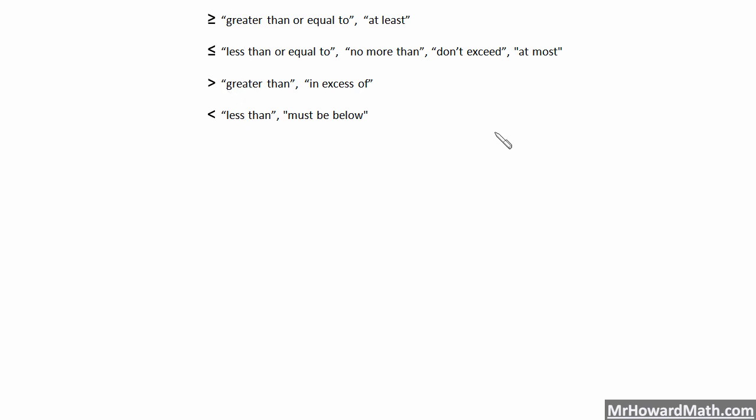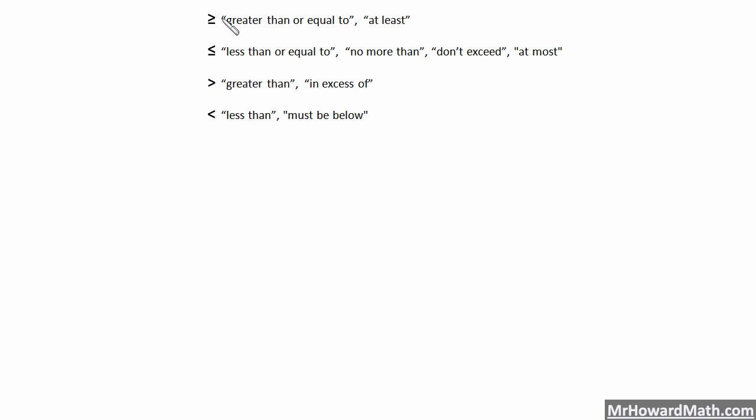Again, in this video series we're looking at inequality. So these statements in a word problem will let you know that you need to write an inequality as opposed to an equation in order to solve the problem situation. Later in the video we will also look at how to solve some basic linear inequalities.